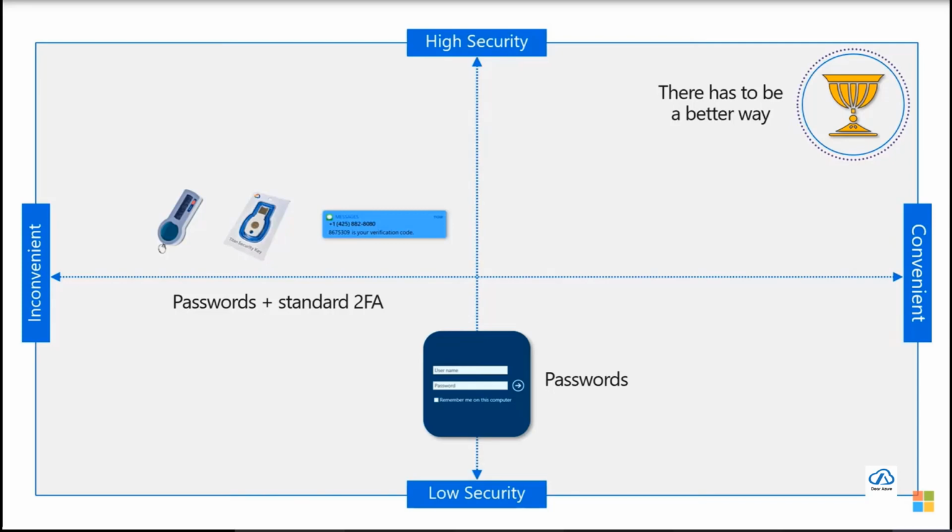If you see, passwords are right in the middle. Password is not very convenient, to be honest, because you have to choose a strong password. Organizations tend to add restrictions, which makes it difficult to be very convenient. Is it secure? Definitely not. Passwords are a part of low security in this entire chain.